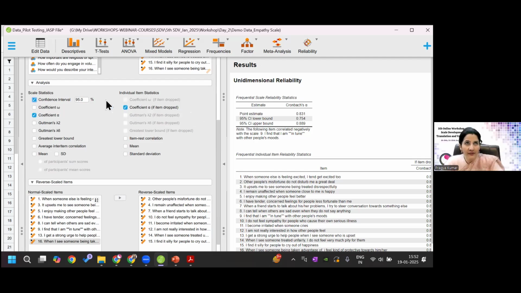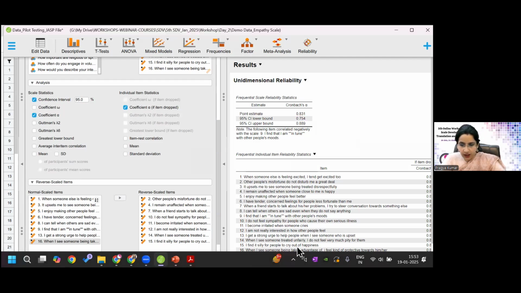So this is the 95% confidence interval. You can see the lower boundary of this 95% is above 0.7. So in JASP, you get the 95% CI of the Cronbach alpha, but Jamovi doesn't give it.